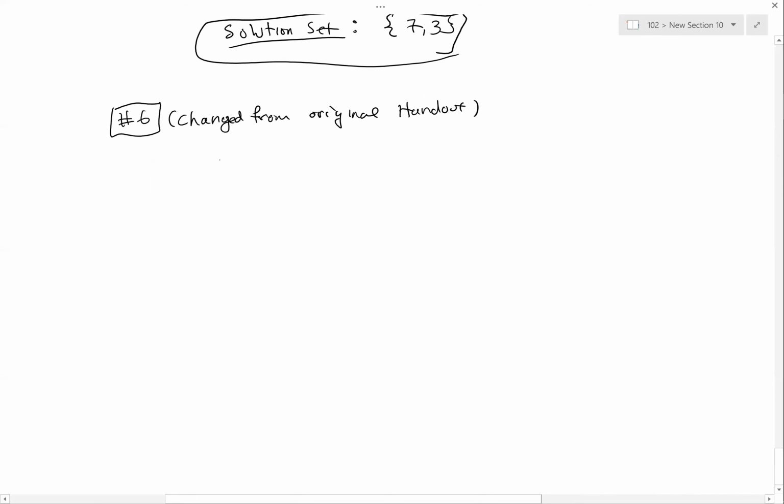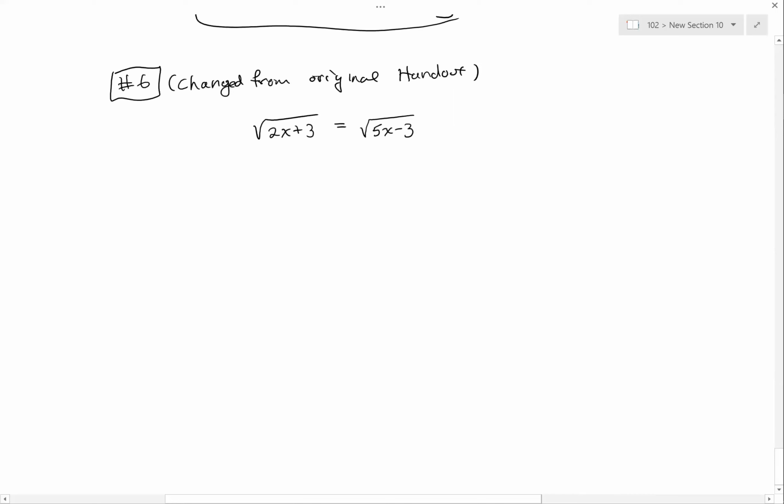The one we're going to solve now is the square root of 2x minus 3 is equal to the square root of 5x minus 3. I'm going to apply each of the steps. I'm not necessarily going to number them.